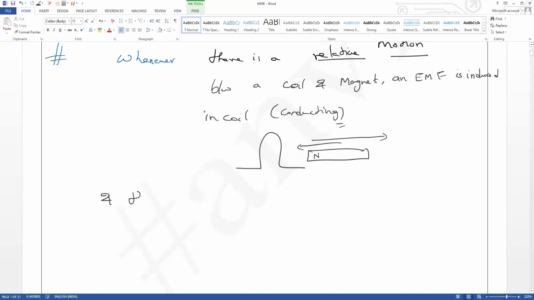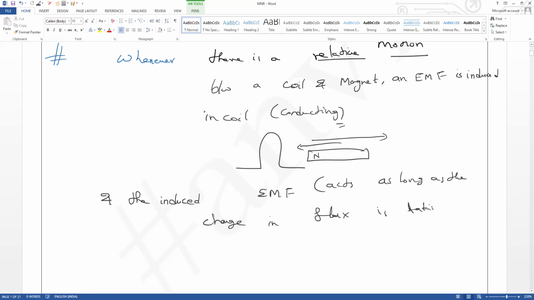Yes, sir. So the induced EMF acts only as long as there is a change in magnetic flux. If the magnetic flux is reversed, then the EMF disappears and it will be generated again in another direction.